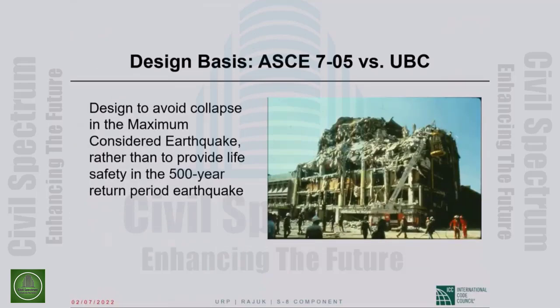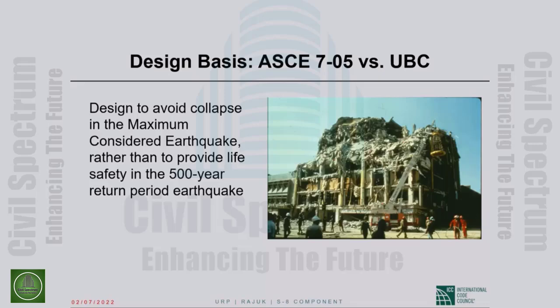Under ASCE 7 and the IBC, we designed to avoid collapse in the maximum considered earthquake, rather than to provide life safety in the 500-year return period earthquake. I would very much like you to realize that this major transformation happened as we went to the new generation of codes, IBC, based on ASCE 7.